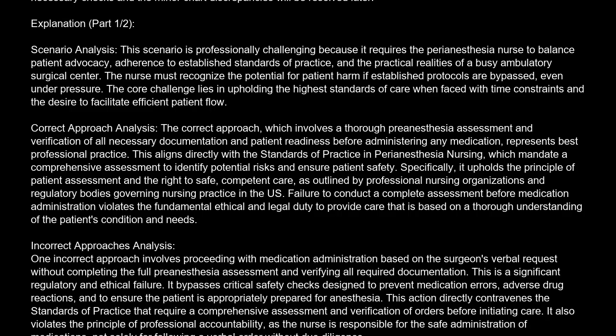This action directly contravenes the standards of practice that require a comprehensive assessment and verification of orders before initiating care. It also violates the principle of professional accountability, as the nurse is responsible for the safe administration of medications, not solely for following a verbal order without due diligence.